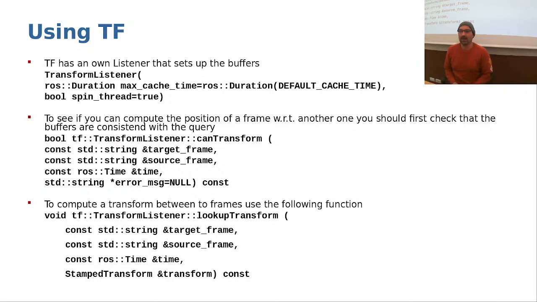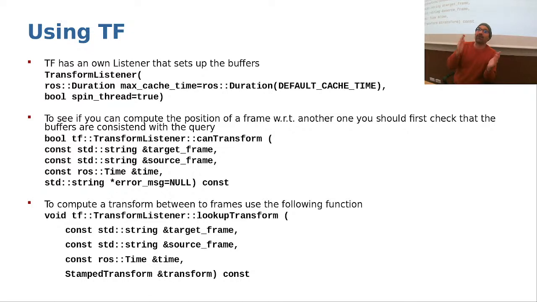This object, when it wakes up, inquires a global variable that ROS installs, and it subscribes to the transform system. Then you take an instance of this object, and you can ask it two things.